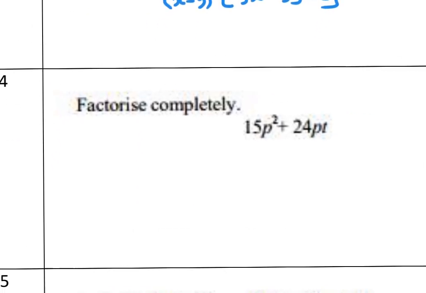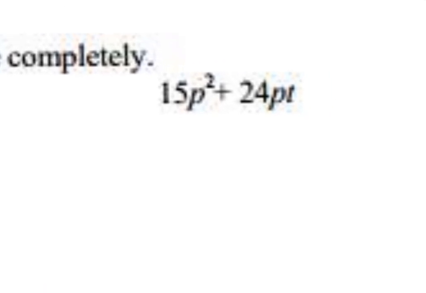Next, 15b squared plus 24bt. Take the common factor. What is the common factor between 15 and 24?